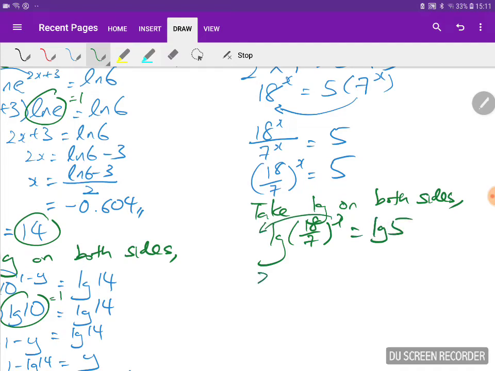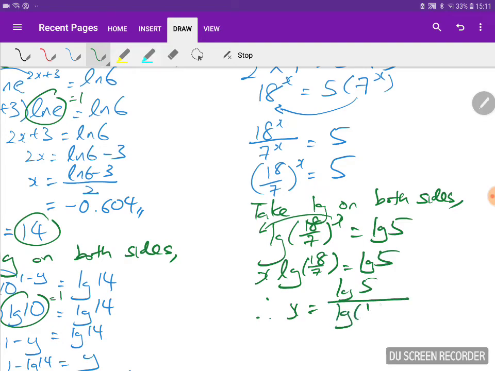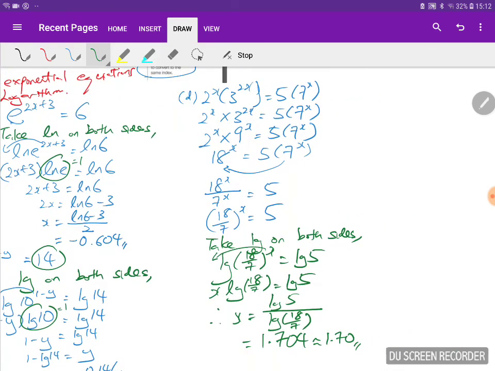The x you can bring in front, so x log (18 over 7). Therefore, x equals log 5 divided by log (18 over 7), which you can evaluate by pressing your calculator. Log 5 divided by log (18 over 7), which equals 1.704, 1.70. Take a look at part D. Part D is a bit more challenging.